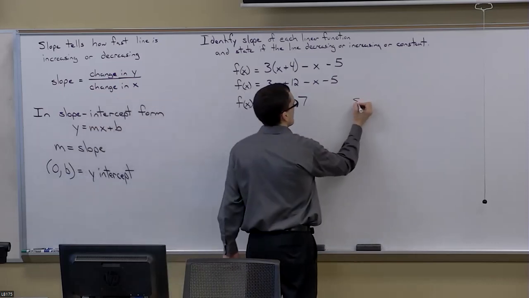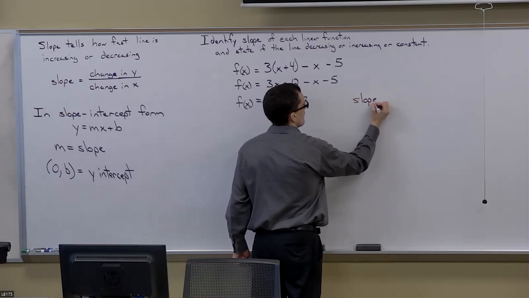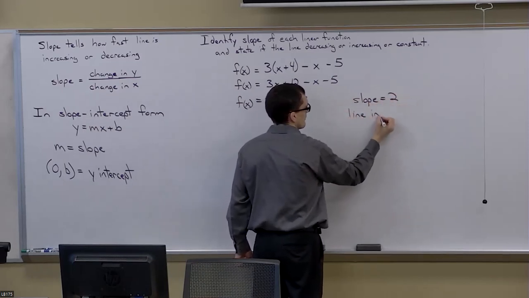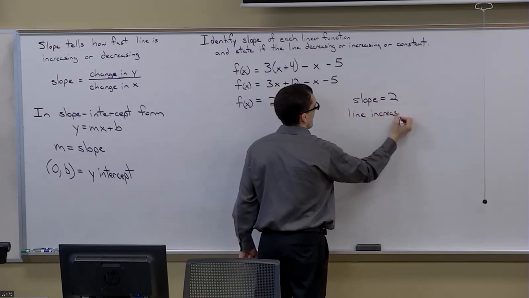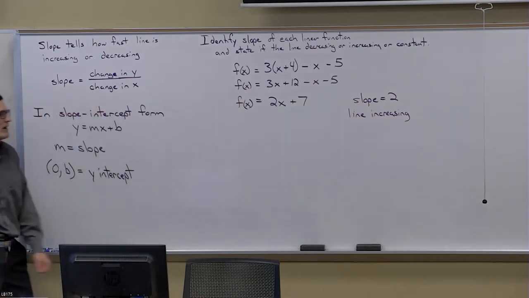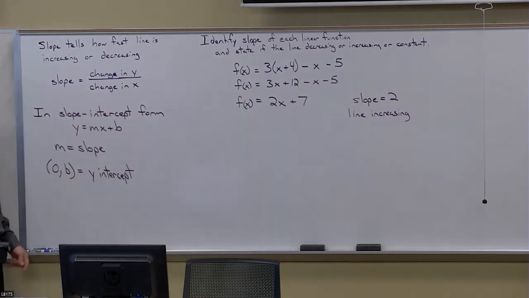Slope is a positive 2. So the line is increasing. And now that we've simplified, obviously 0,7 is the y-intercept as well.